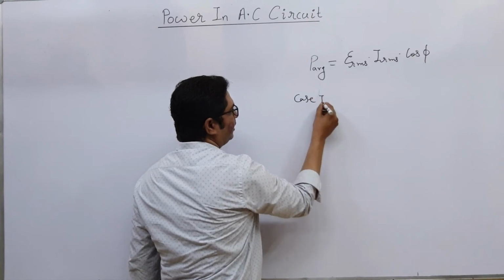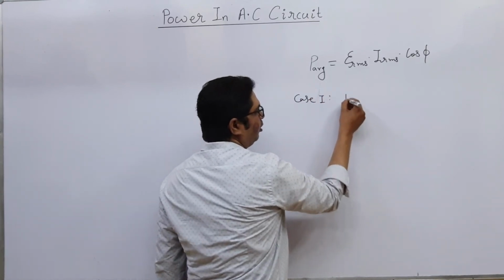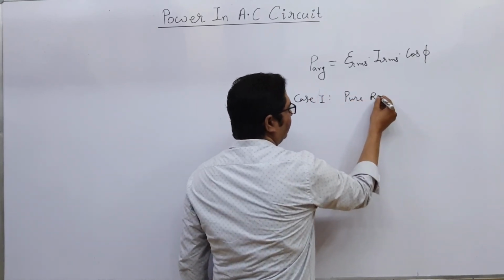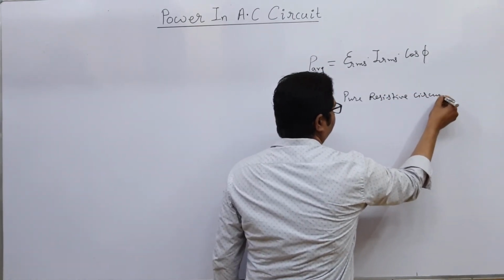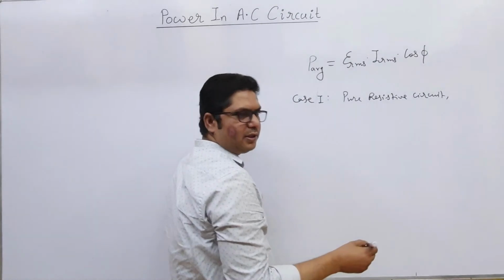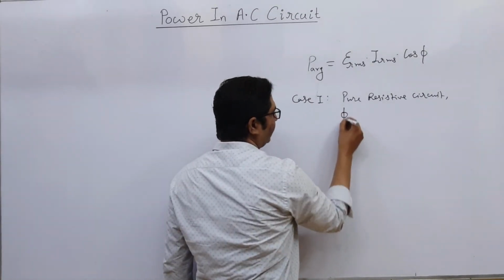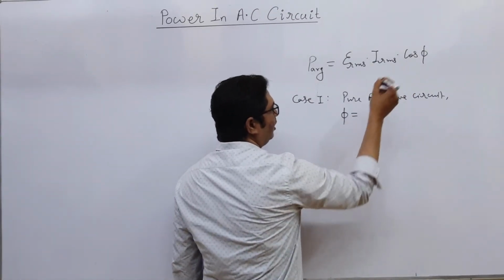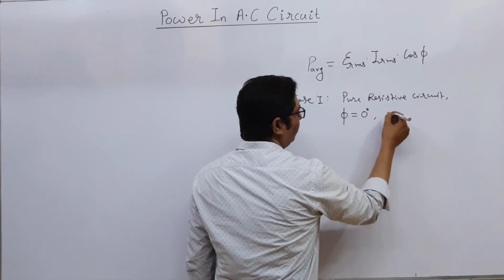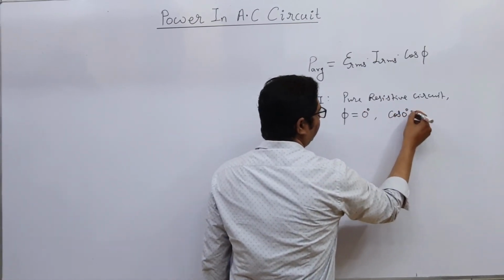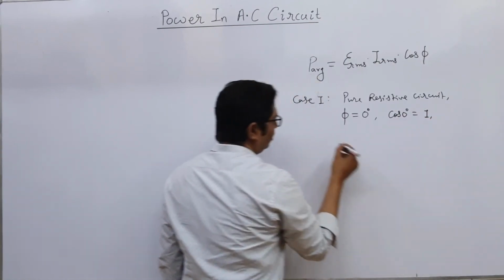Case number 1, for a pure resistive circuit. When you talk about a pure resistive circuit, then angle phi equals 0 degree. So we have cos 0 degree equals 1.